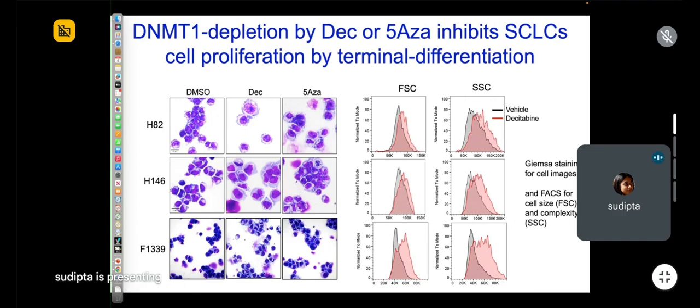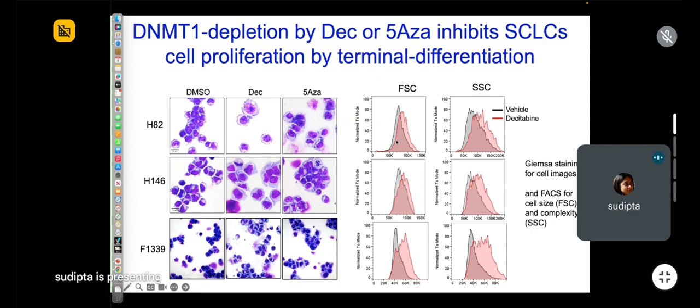Then, as I mentioned before, we did Giemsa staining to show the cells, and also flow cytometry with forward scatter and side scatter. Forward scatter is the cell size, and side scatter is the cell complexity. When cells get differentiated, cell size increases and the complexity also increases.